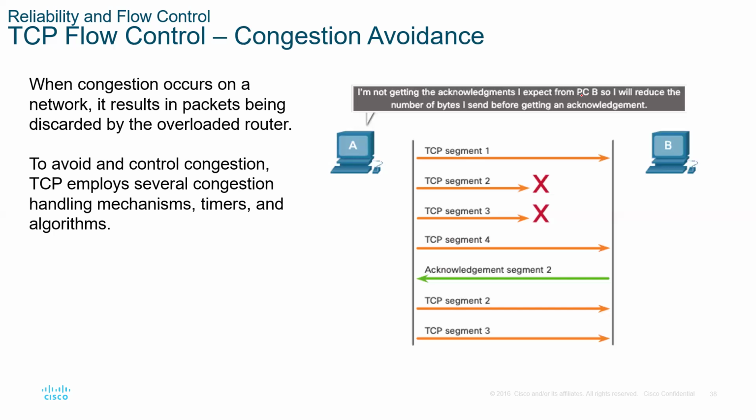So if you are not getting my acknowledgements, it means you have a problem. One of the reactions is that you need to reduce speed, basically traffic. You reduce the amount of traffic per unit time you are sending to the other device.